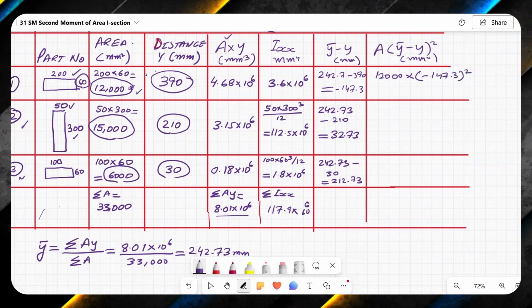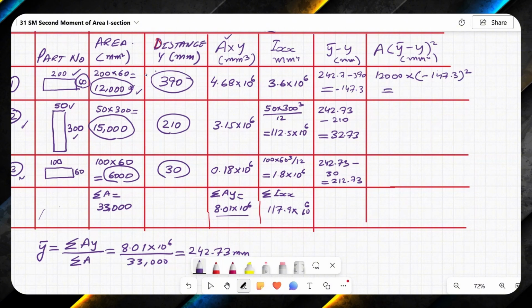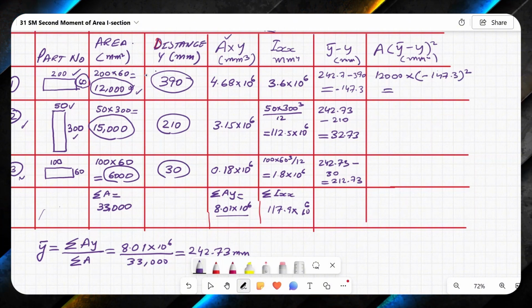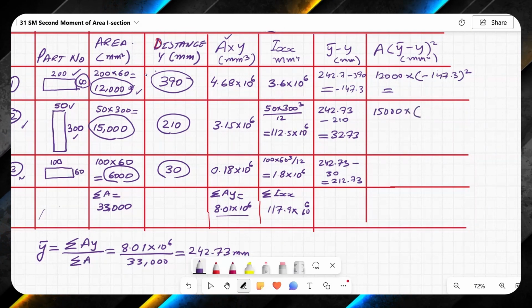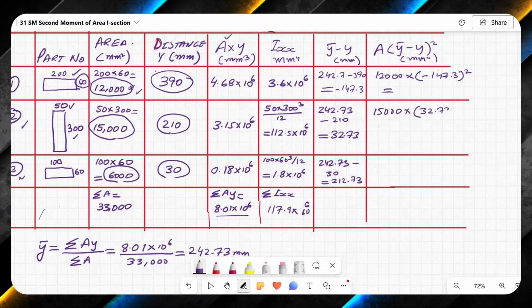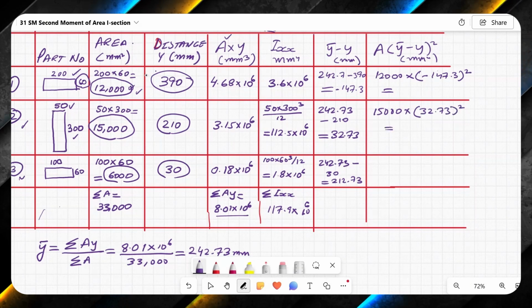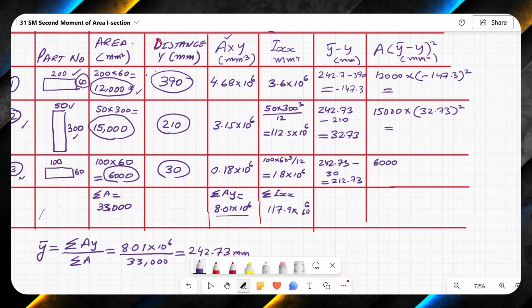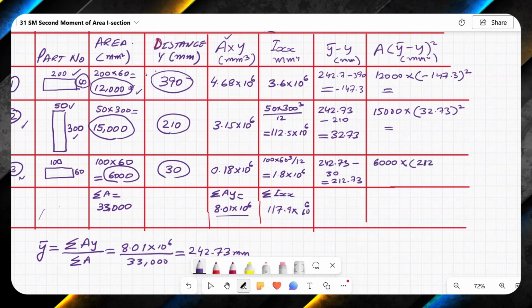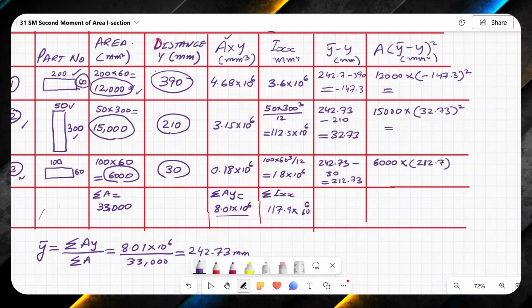Now all I have to do here is multiply this area, which is 12,000 times 147.3 square. I will get some value over here, and here it will be 15,000 times 32.73 square. I will get some value here, and here it will be 6,000 times 212.7 square.